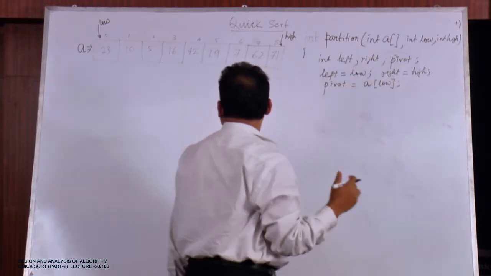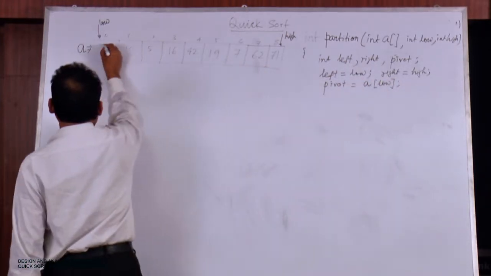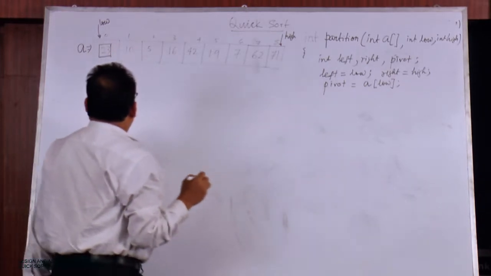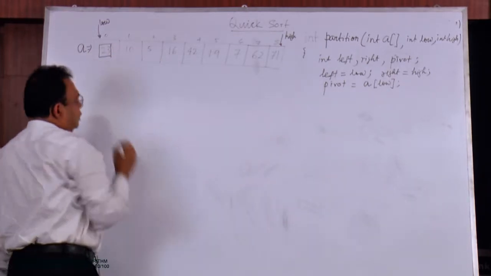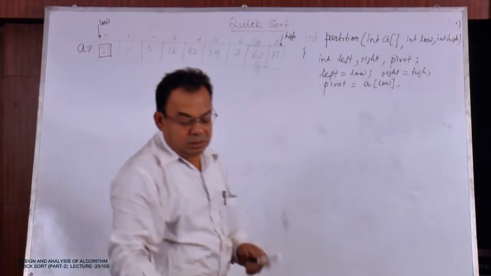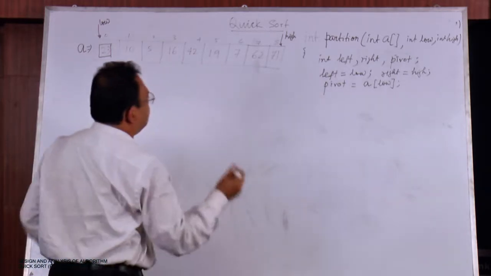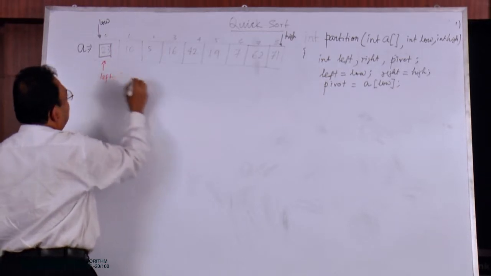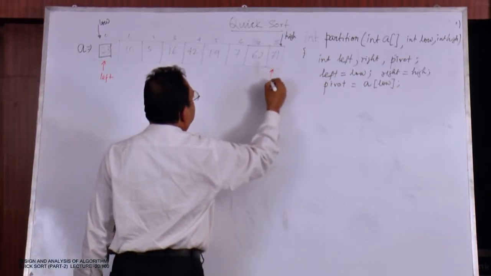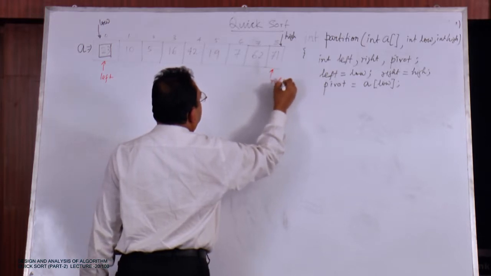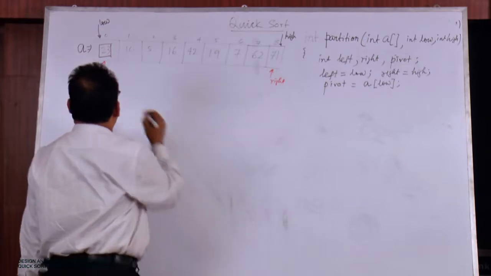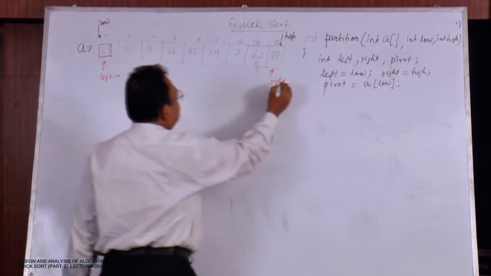So, this is my initial assumption. Left and right are the 2 local variables, initialized with low and high. So, initially left is equal to 0 and right is equal to 8.